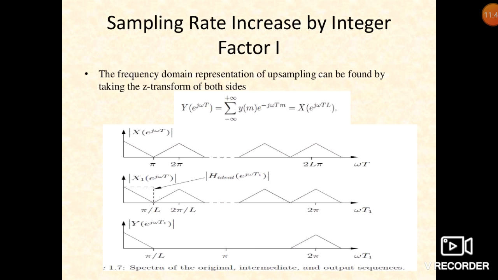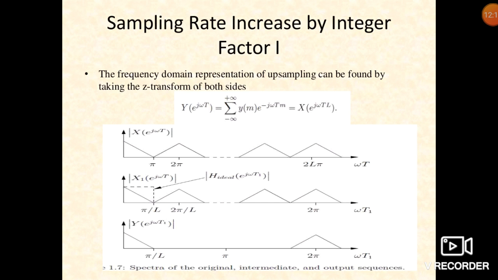This is the equation, as you can observe. It should also limit the frequency based on pi by L. Here Y of e^(j omega) is equal to capital X of e^(j omega capital L).